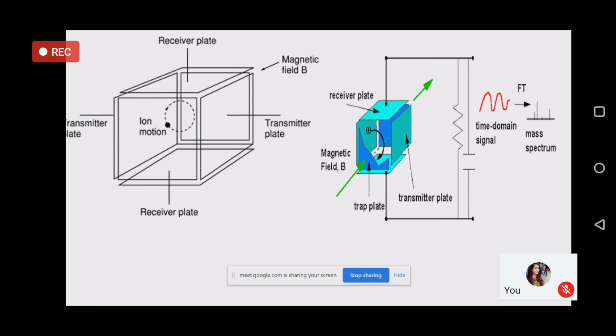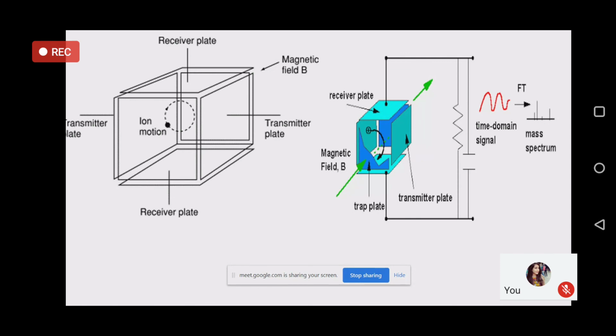So when you are making the measurement over a given time domain, say 10 seconds, 1 second, 10 milliseconds, 100 milliseconds, whatever the case is, the frequency of the alternating current is changing rapidly from one value to another, so that all the ions with different m by z are able to resonate with the applied frequency at one particular point of time.